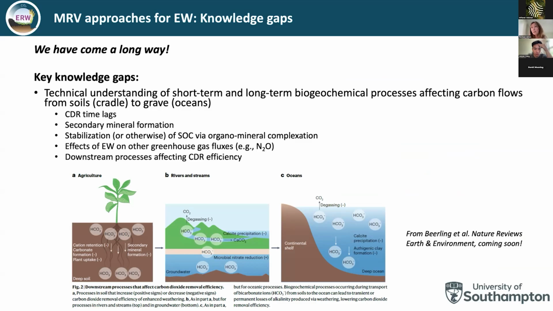Actually, it may suppress emissions of nitrous oxide, which would be a good thing. And then, of course, the downstream processes that affect carbon dioxide removal efficiency. I didn't really have time to touch on this, but there can be processes in rivers and streams and the oceans as well that will affect that.